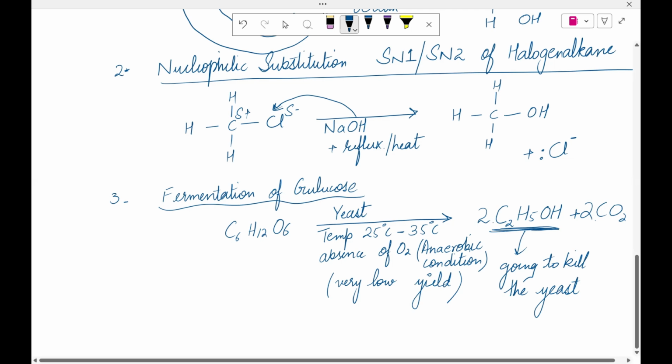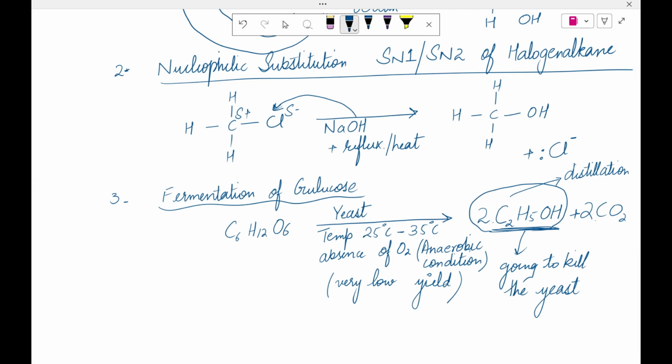And now what we are going to do, we are going to remove this ethanol by a process which is basically called distillation. So when this ethanol is formed, we are going to remove it with the process of distillation.